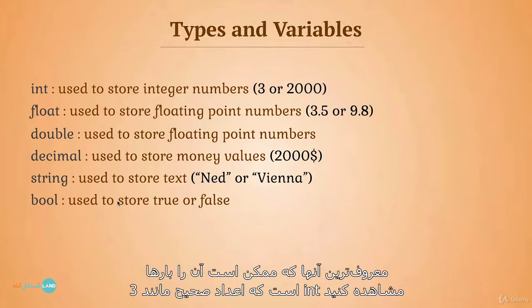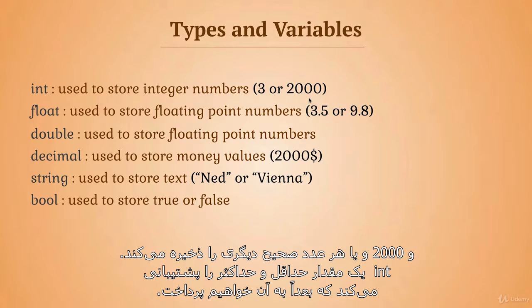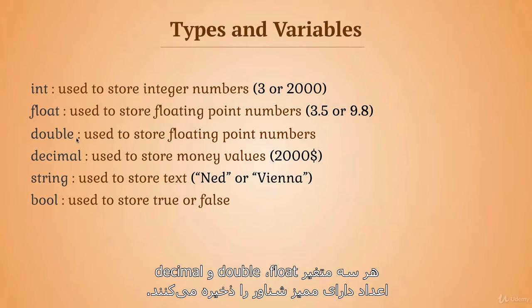The very famous one that you will be seeing a lot is int, which stores integer numbers like 3 or 2000 or any integer number. It has a minimum and a maximum, and we will discuss this later. The float, double, and decimal, the three of them are storing floating point numbers.